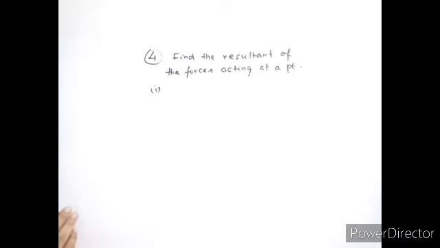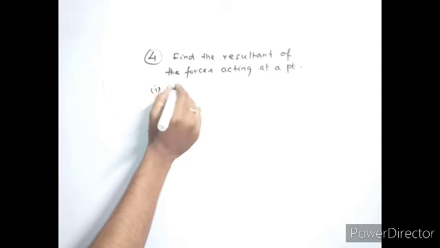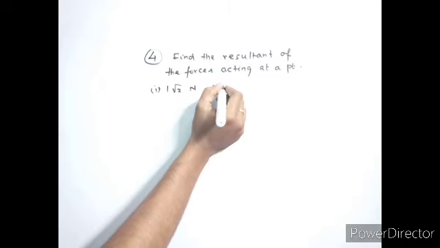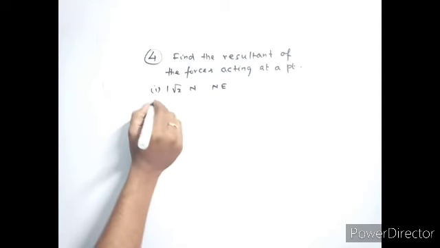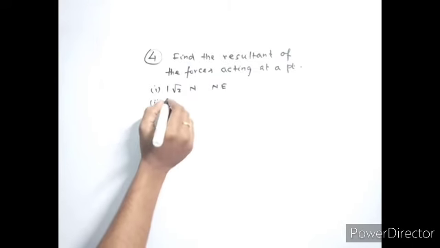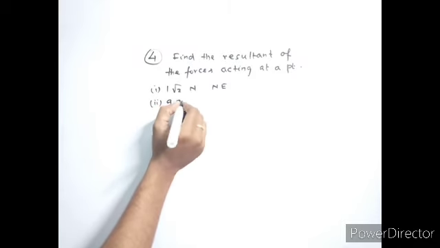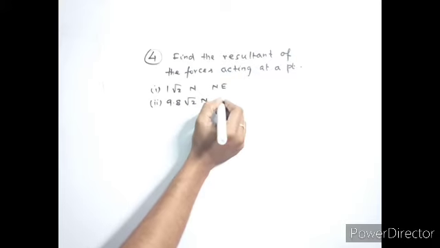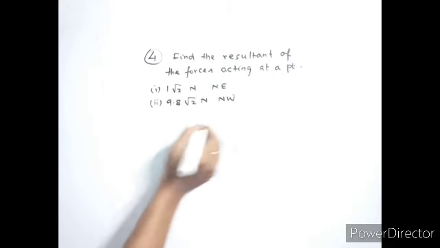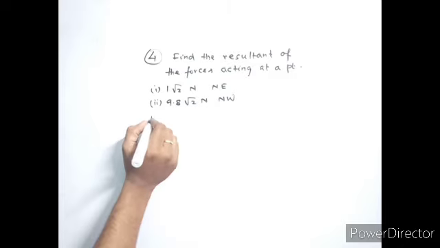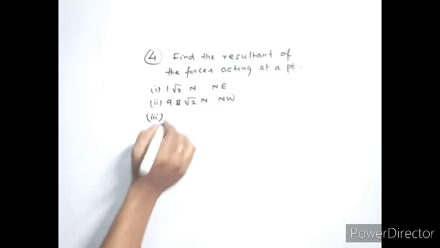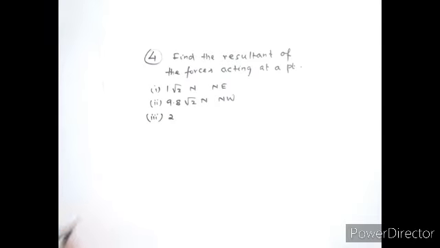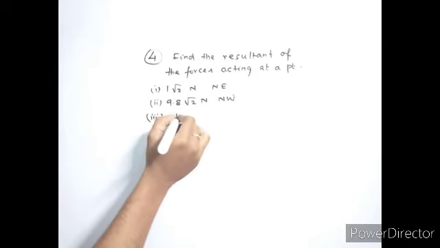One of the forces is 1 root 2 newtons, and it is acting along the northeast direction, and the other force is 9.8 root 2 newtons, acting along the northwest direction, and the final force is of the value of 2 kilogram force, that is 2 kgf.